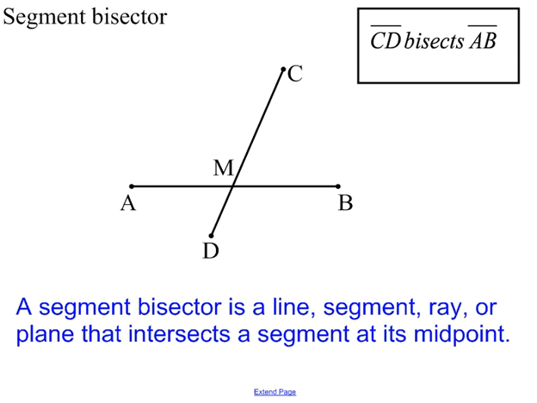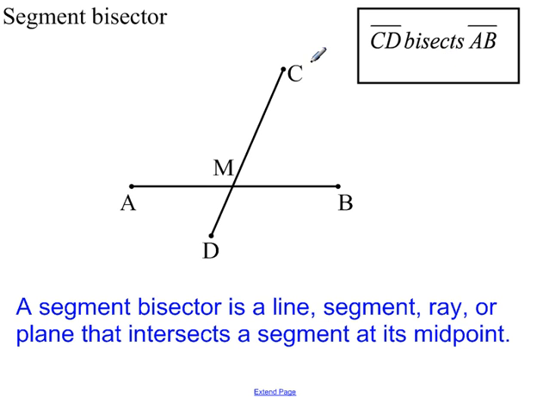The next definition is the definition of a segment bisector. So a segment bisector could be a line, a segment, a ray, or a plane that intersects a segment at its midpoint. So in our diagram here, we are given that CD bisects AB.